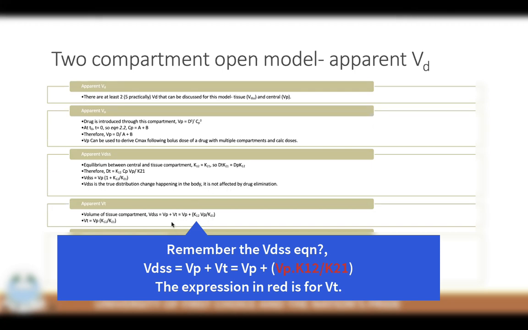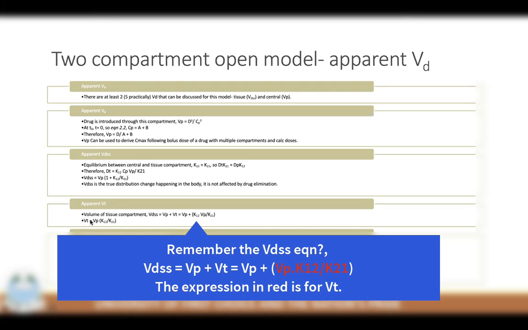So from the above equation that we have under VDSS, we can already see that here we have the volume of plasma plus volume of plasma multiplied by K12 over K21. This second term, multiplied by VP, is actually the term for the apparent volume of distribution in the tissue.